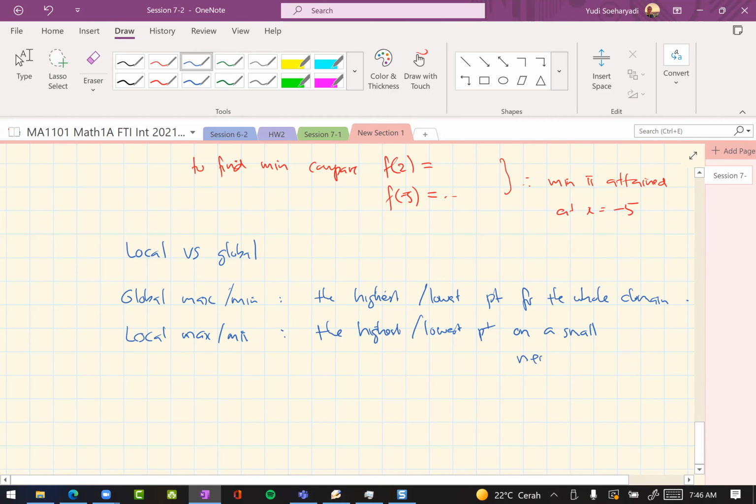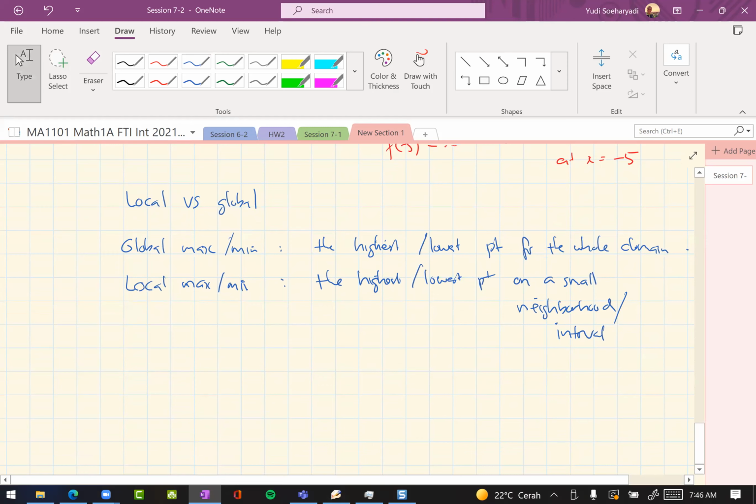We call this neighborhood, say this is an interval, an interval around that point.